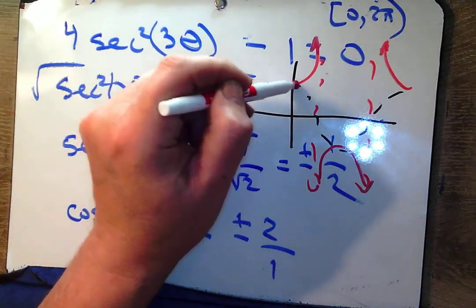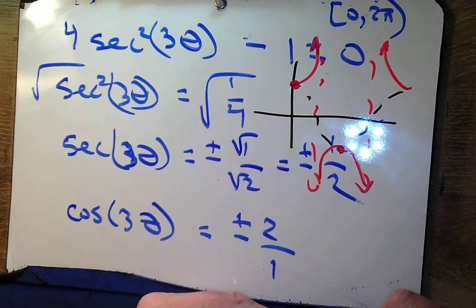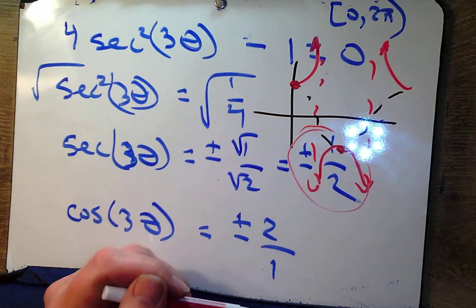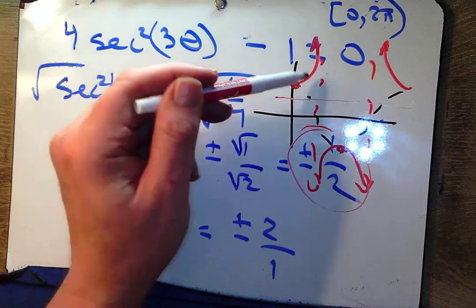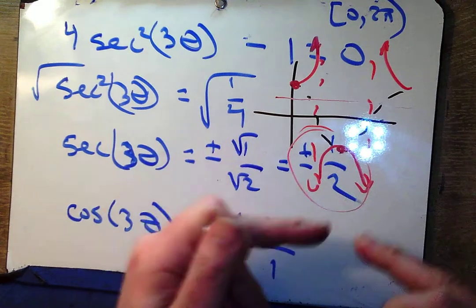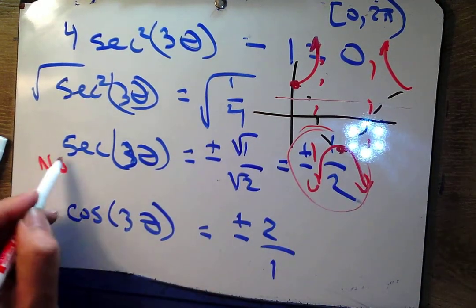The y value here is 1, and the y value here is negative 1. When are we going to have a y value of 1/2 or negative 1/2 with secant? Here's 1/2. Secant never gets that low. Here's negative 1/2. No, secant doesn't get there. So this is no solution.